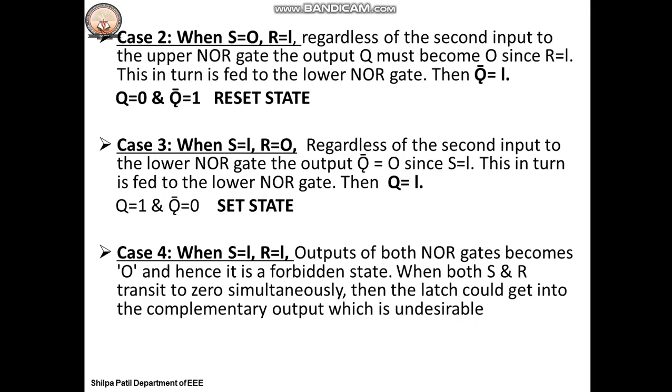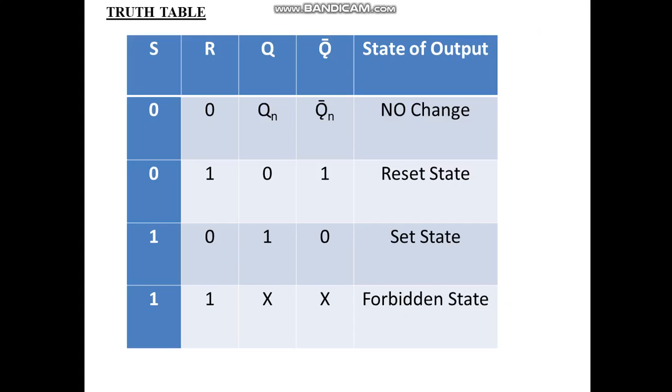So based on these inputs and outputs, we will frame the truth table. Okay, so we have taken the different inputs. First I took S is equal to 0, R is equal to 0. So whatever I assumed the previous state, I got the same thing. Okay, so I have written previous state Qn and Qn bar. Means there is no change. Either you can write it as a previous state or you can write it as no change in the output.